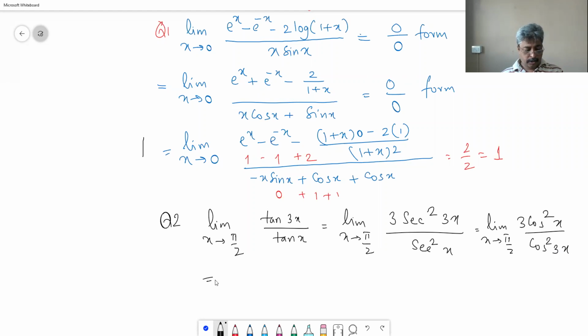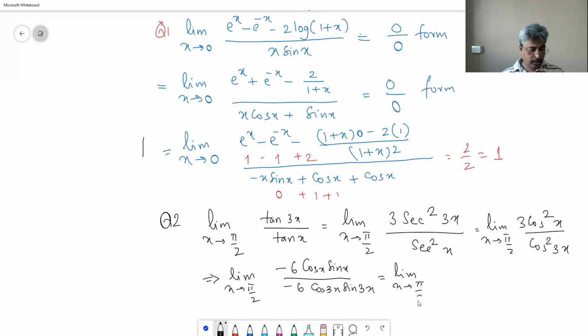This will be equal to limit x tends to pi by 2, minus 6 cos x sin x upon minus 6 cos 3x sin 3x, equal to limit x tends to pi by 2 sin 2x upon sin 6x, which will be equal to limit x tends to pi by 2 cos 2x upon 6 cos 6x.